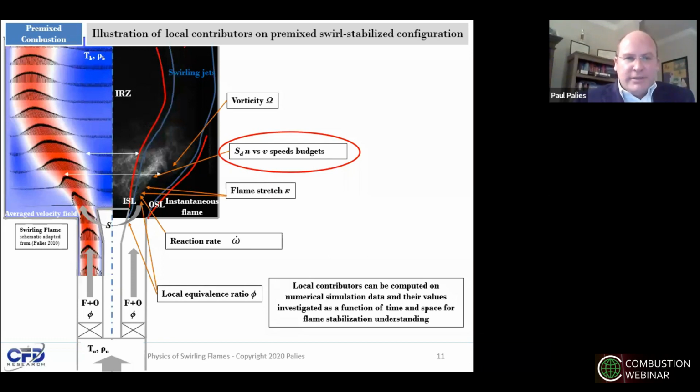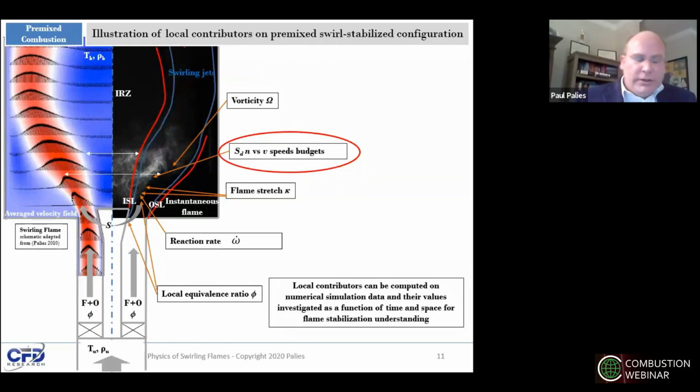And on the instantaneous image on the right, I superimpose the contour of the ISL, the inertial layer, and the OSL, that are in red. And I also superimpose the contour of the swirling jet. So this is to attempt to identify key features on this image.